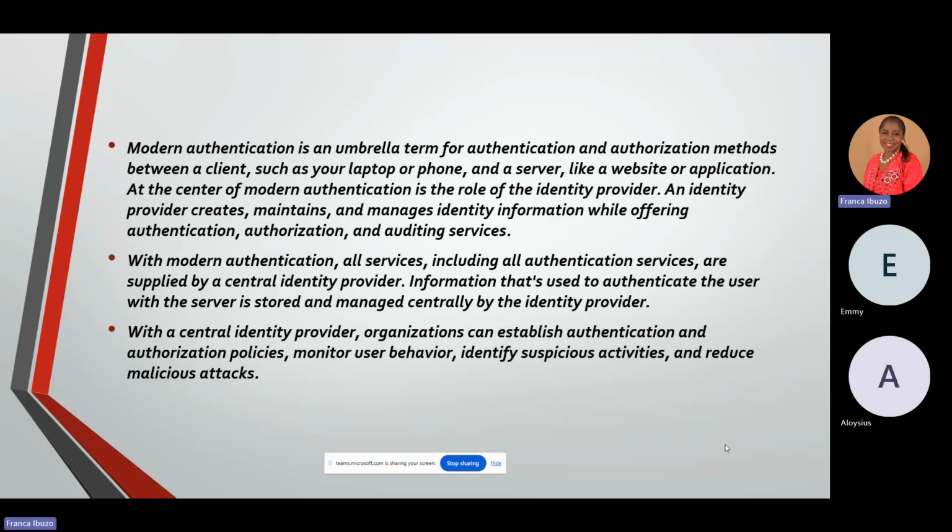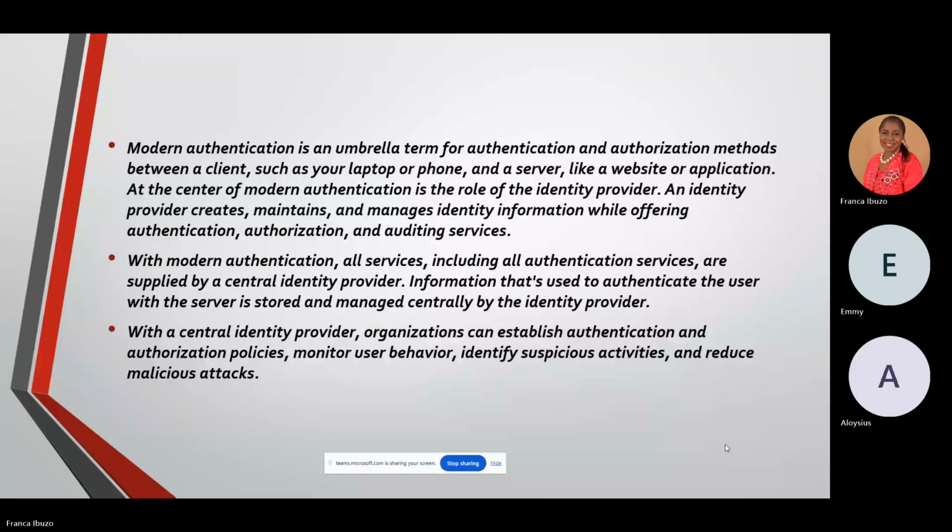Just remember that the identity provider is the one that creates, maintains and manages identity information.